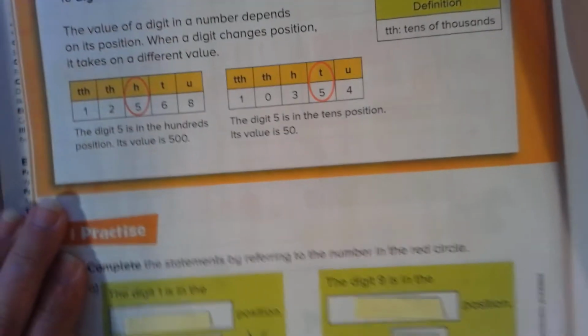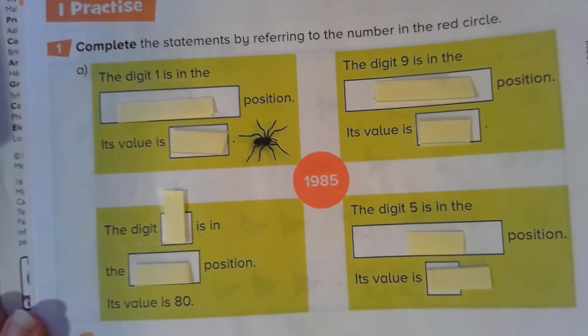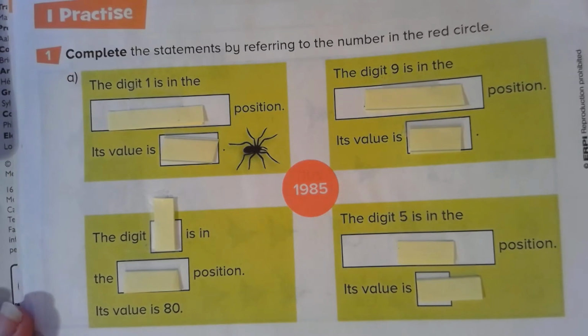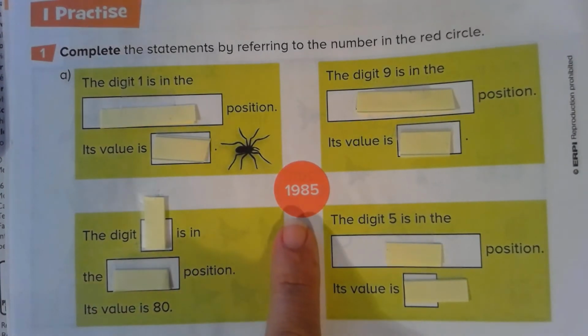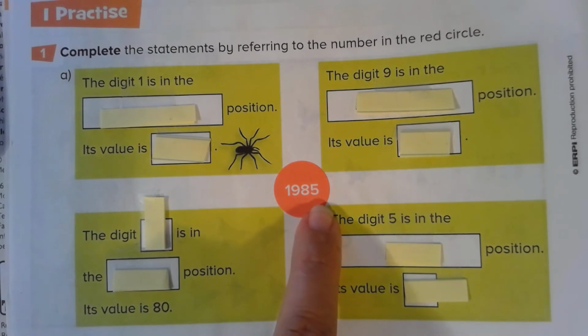Okay, so here we see the bottom of page 6. So make sure you're on page 6 in your workbook. They've given us the number 1,985.